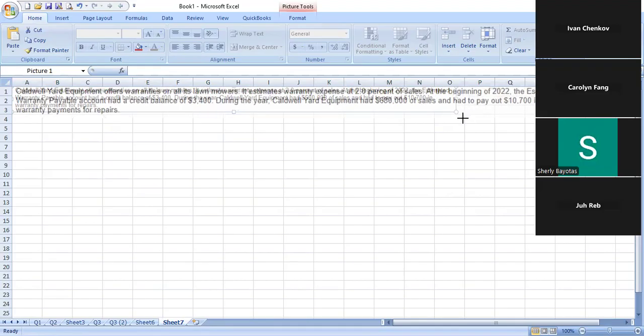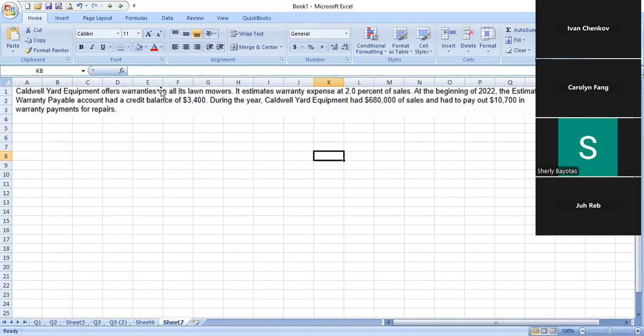Let's make it a little bit bigger. This company offers warranties on these lawn mowers. Estimated warranty expense is 2% of the sales. At the beginning of 2020, the estimated warranty payable account has a credit balance of 3,400. During the year, this company had 680,000 in sales and had to pay 10,700 in warranty payments and repairs.